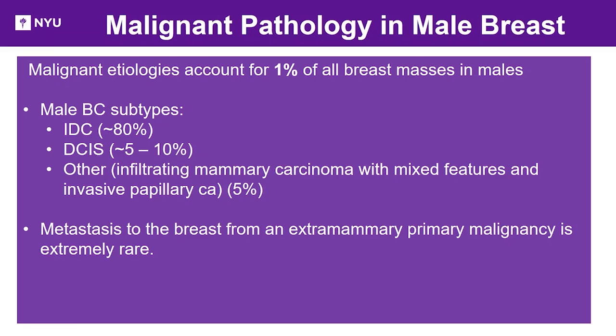So by far the most common is going to be invasive ductal carcinoma. We'll see DCIS. And also you can see an infiltrating mammary carcinoma with mixed features and occasionally invasive papillary carcinoma. And I have to say, mets to the breast is extremely rare.